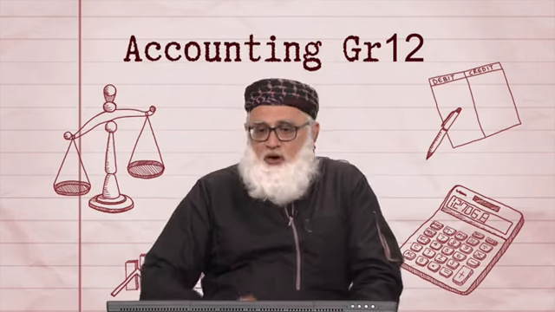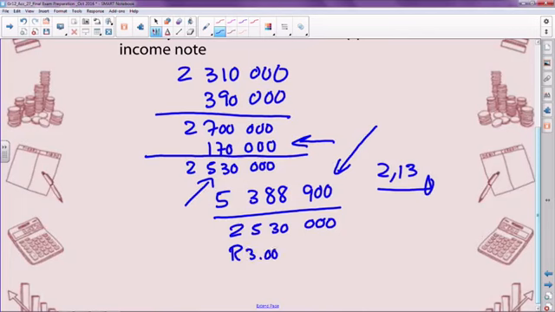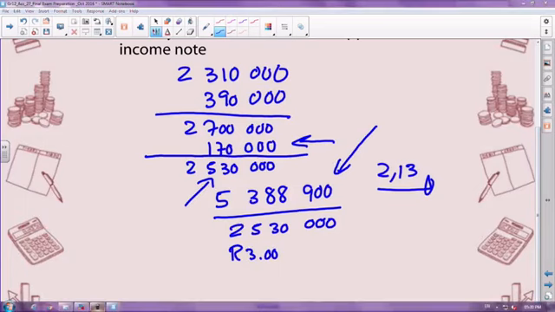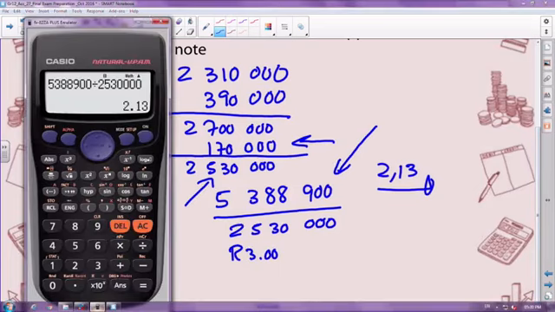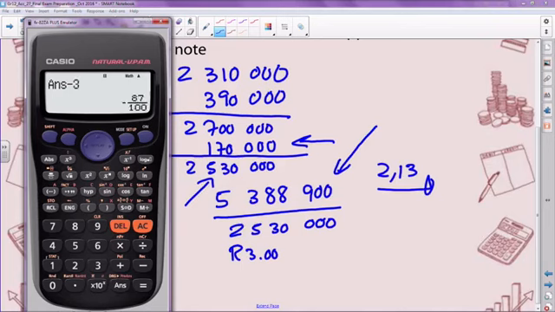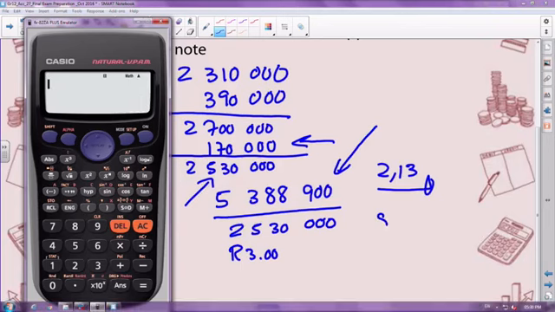Okay, fine. So now that we know that we bought back the shares at 3 Rand per share, so simple. We take that and we say, fine, 3 Rand minus 2.13, and obviously your answer is 87 cents above the average price. That means you bought back these shares 87 cents above the average price.